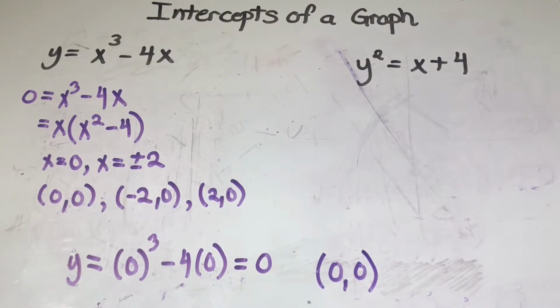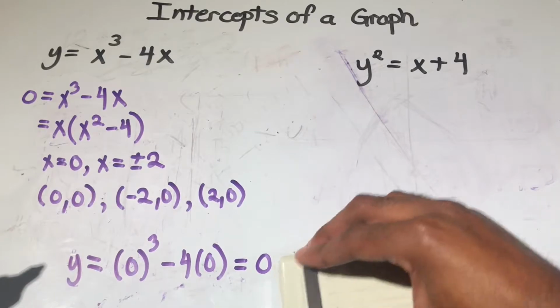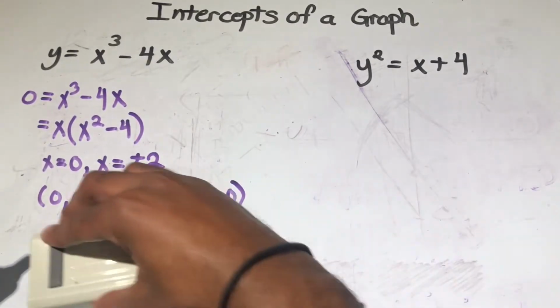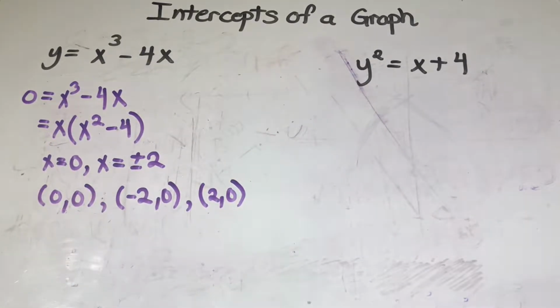Moving on to our next example. We have y squared equals x plus 4. Now to find the x-intercepts, we said we have to set y equal to 0 and solve the equation for x.